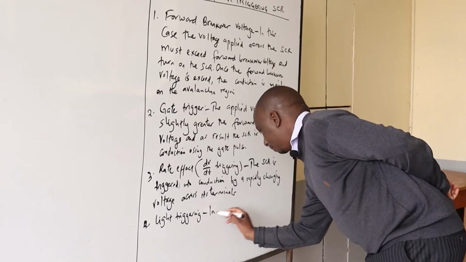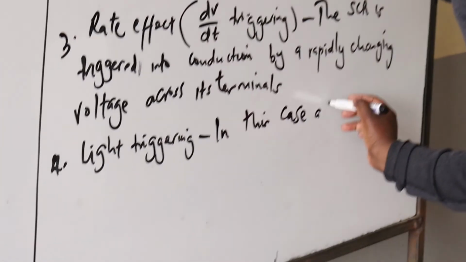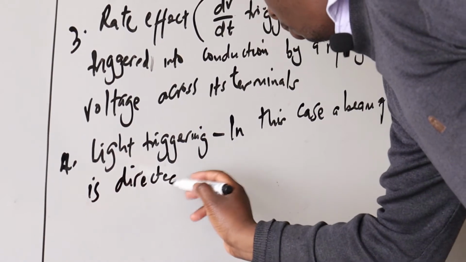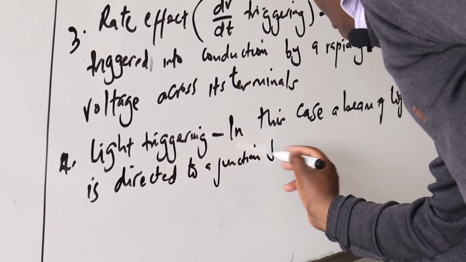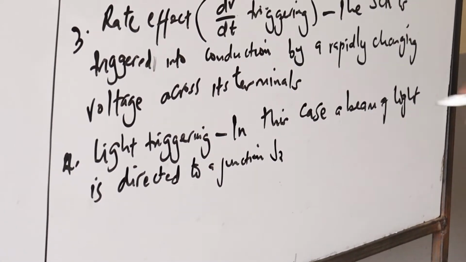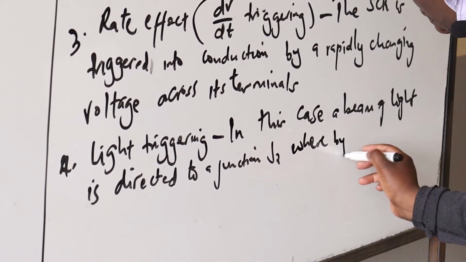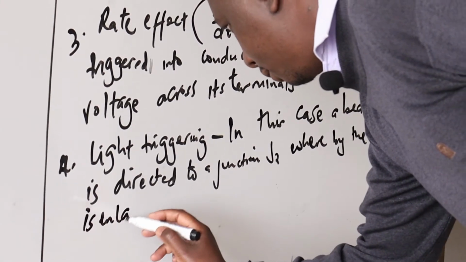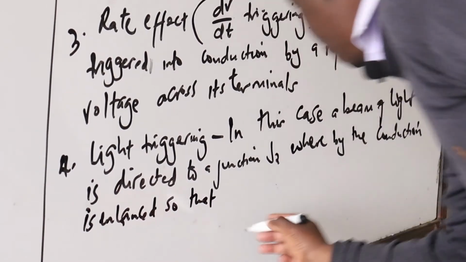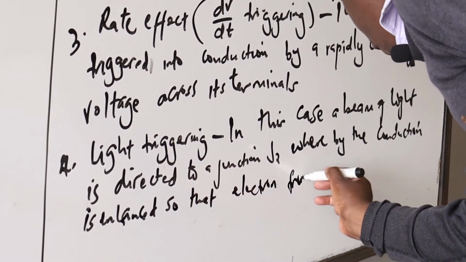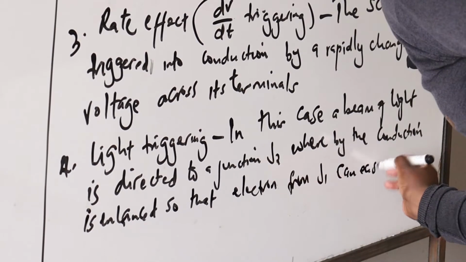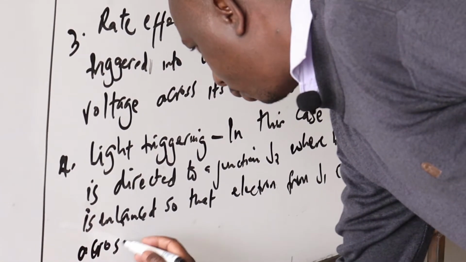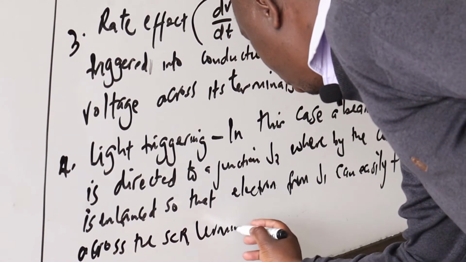So in this case, a beam of light is directed to junction J2, whereby the conduction is enhanced so that electrons from J1 can easily flow across the SCR terminals.